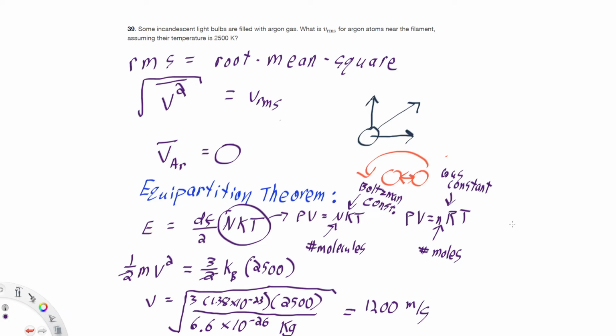Even though the bulk gas isn't going anywhere, the individual particles are definitely moving.